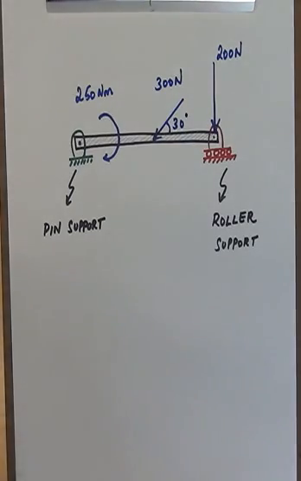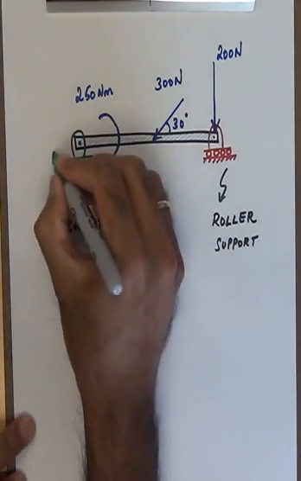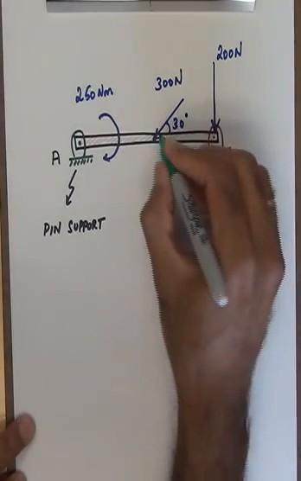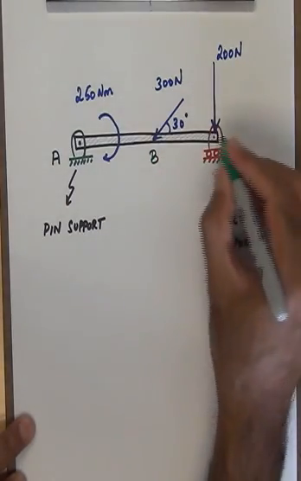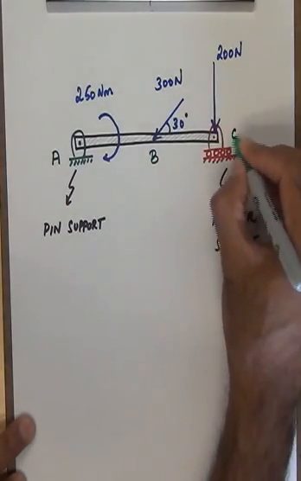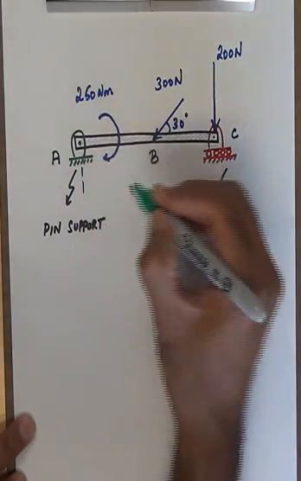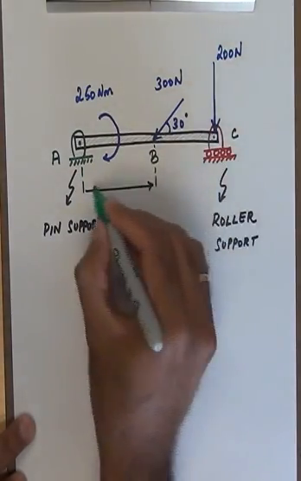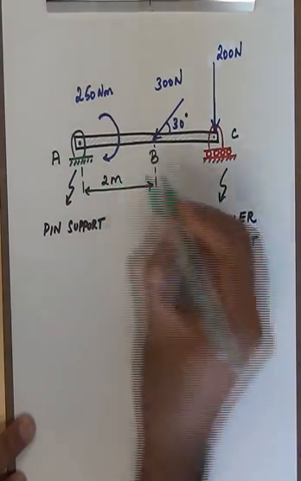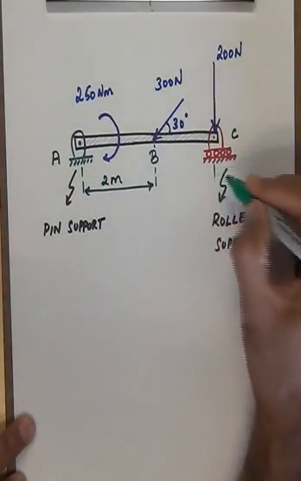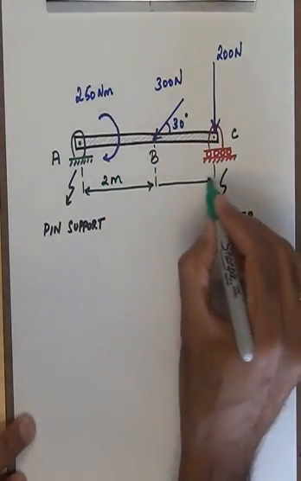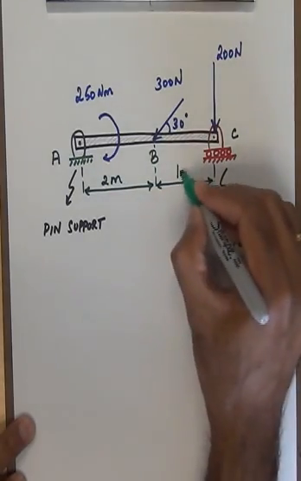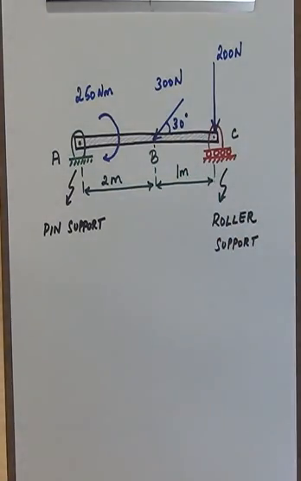Some distances are also given to us. Let's call this end A, let's call this point B where the force is acting, and let's call this C. So the distance from A all the way to point B is given as 2 meters, and then to the end C from the point B is given as 1 meter.